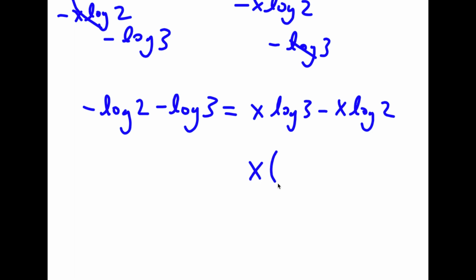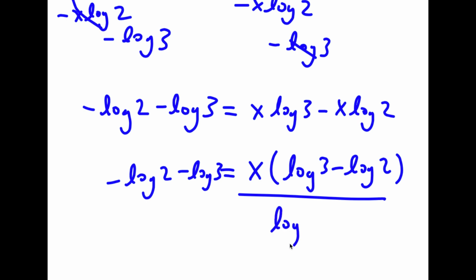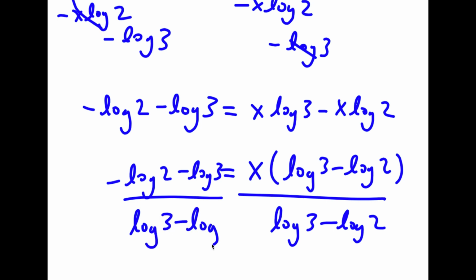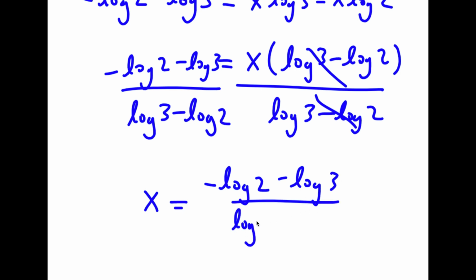Now if I factor out x from here, I get x times (log 3 - log 2) is equal to negative log 2 - log 3. If I divide both sides by log 3 - log 2, I have x is equal to (negative log 2 - log 3) over (log 3 - log 2).